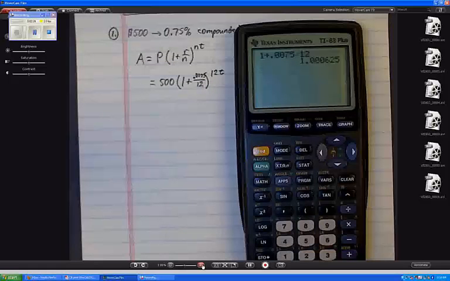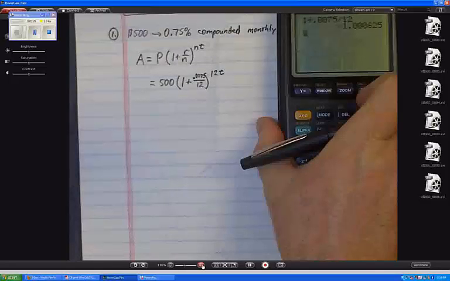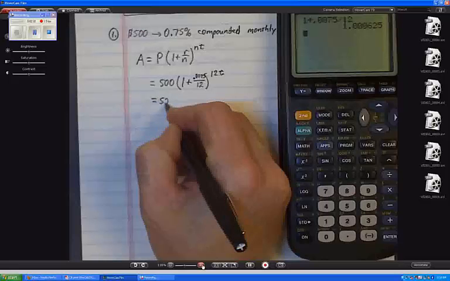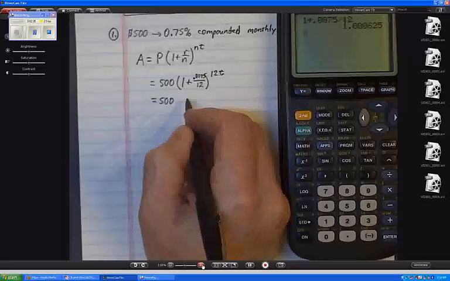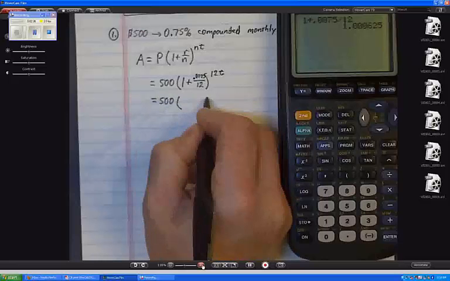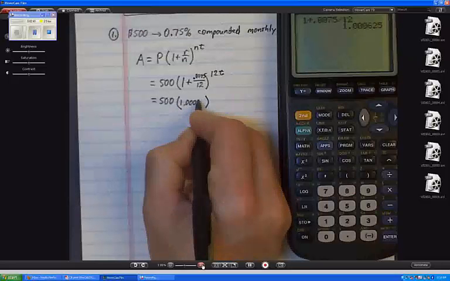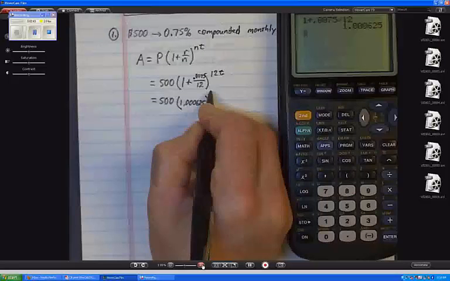There it is, 1.000625. All right, so my calculations are that we get 500 times 1.000625 to the 12t.